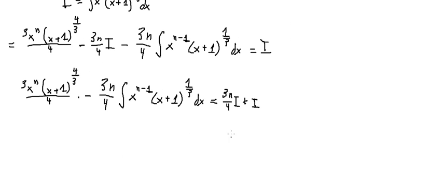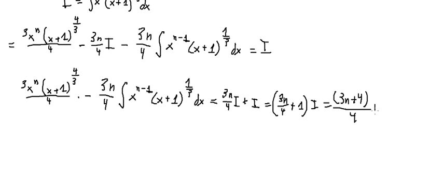And this one plus this one, we have 3n over 4 plus 1. And we know that 1 we can put into 4 over 4. So we have 3n plus 4 over 4. And we see that we have 4, 4, and 4.